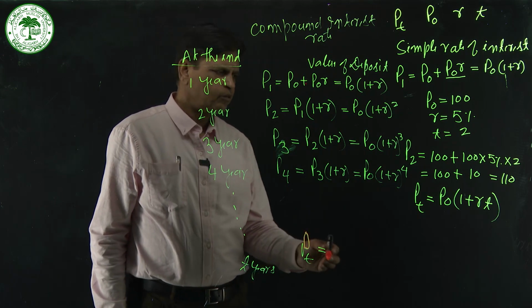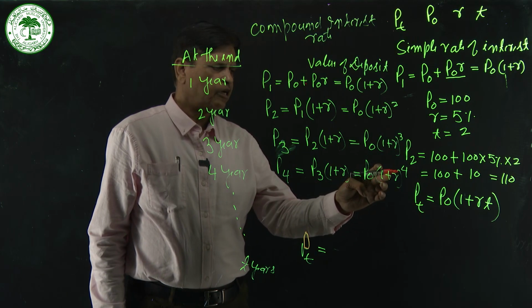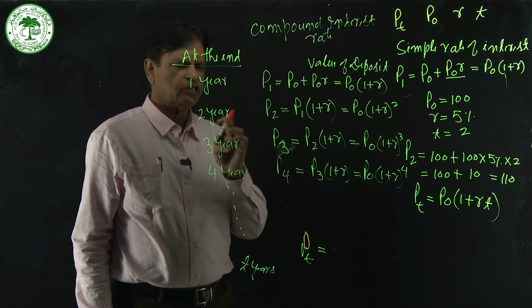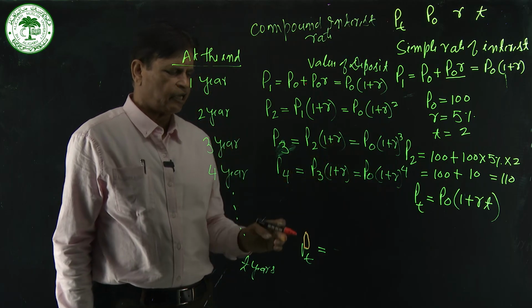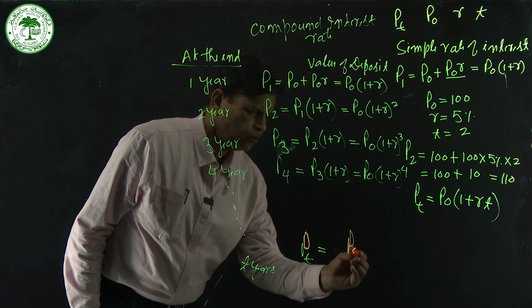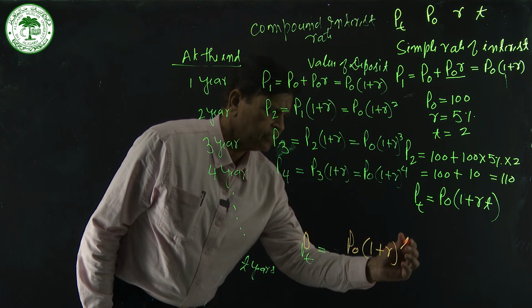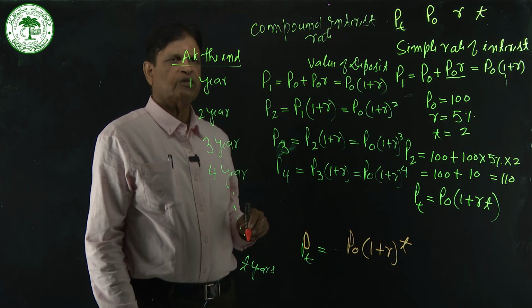PT will be equal to, in the fourth year it is P0 (1 plus R) raised to the power 4. In the third year it is P0 (1 plus R) raised to the power 3. In the second year it is P0 (1 plus R) raised to the power 2. By that analogy, after T years, it will be P0 (1 plus R) raised to the power T. This is the amount that you will receive after T period.